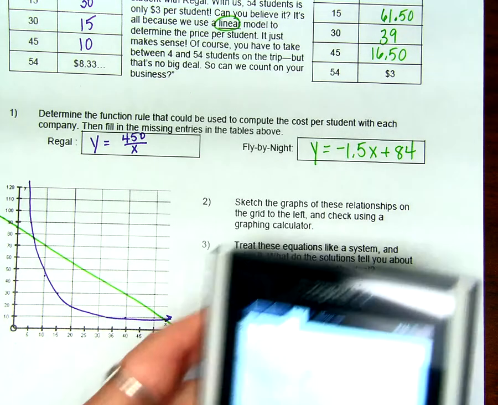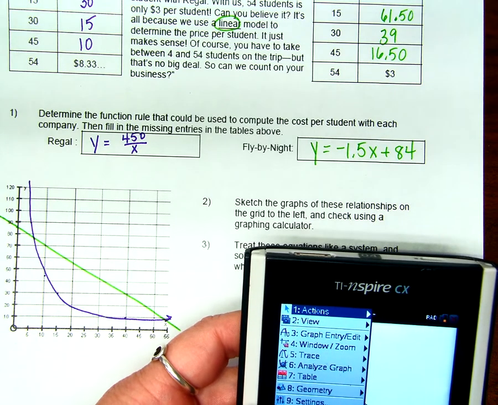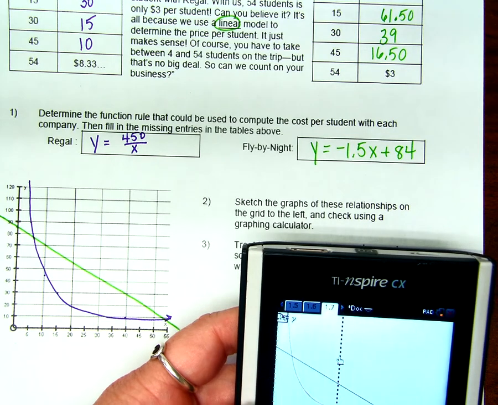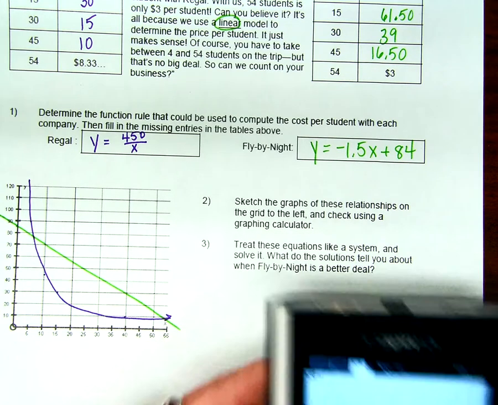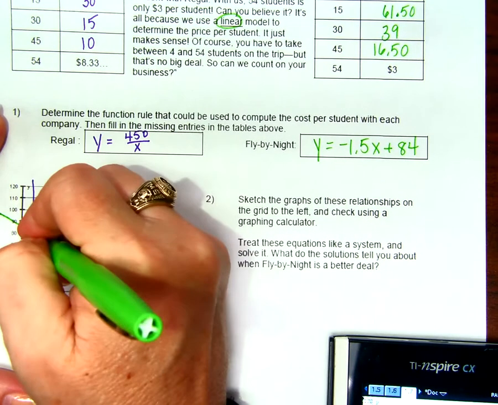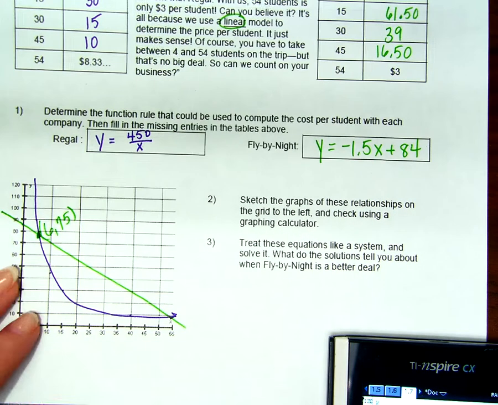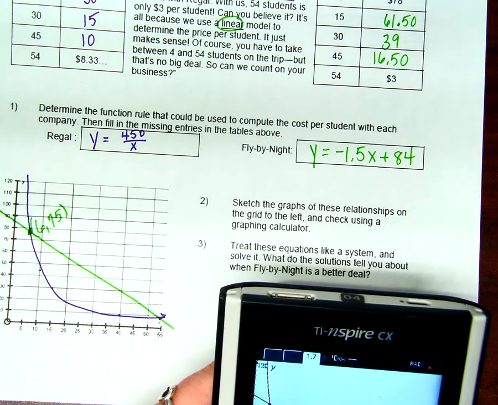So when I do my points of intersection, this is 6.75. So that one's not bad. It's this other one that I messed up on when I drew my graph.